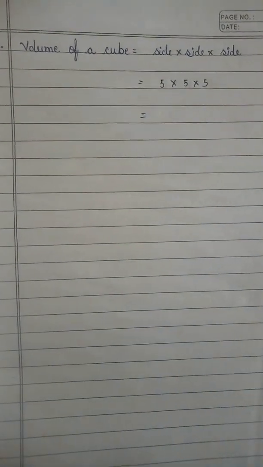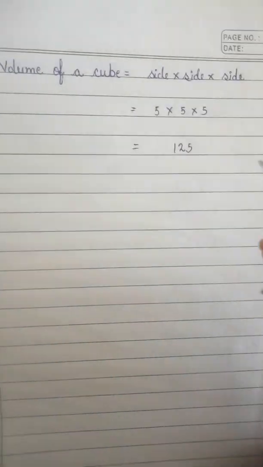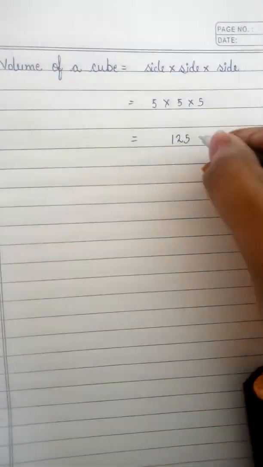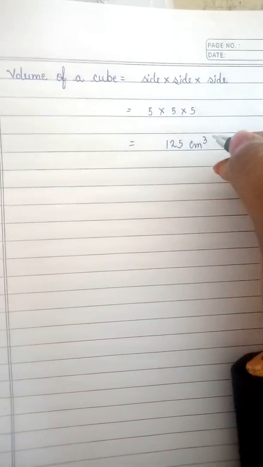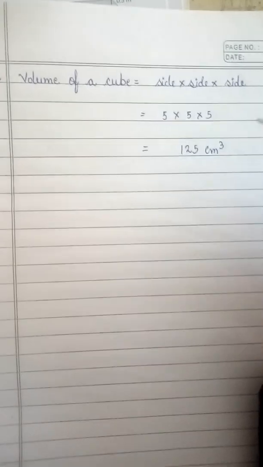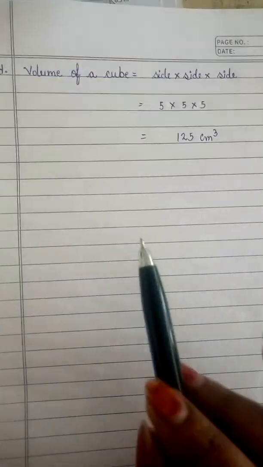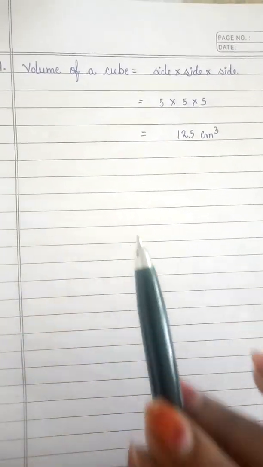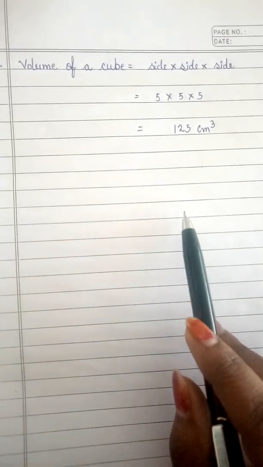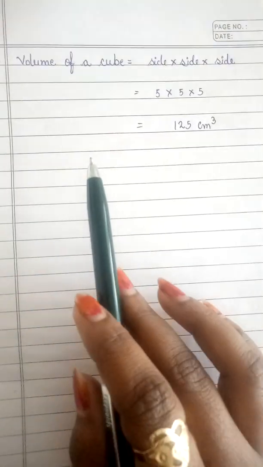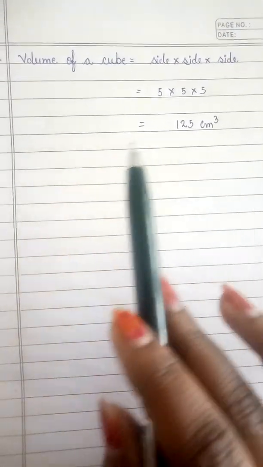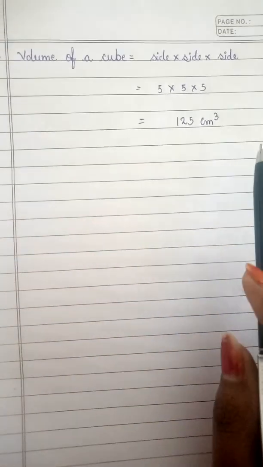Now we have to multiply. So the product is 125 and the unit will be cubic centimeter. So this is what we have to take care of. If we have to calculate the volume of a cuboid, it will be length into breadth into height. And if we want to calculate the volume of a cube, it will be side multiplied by side multiplied by side.